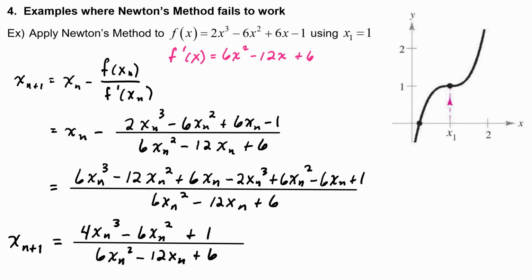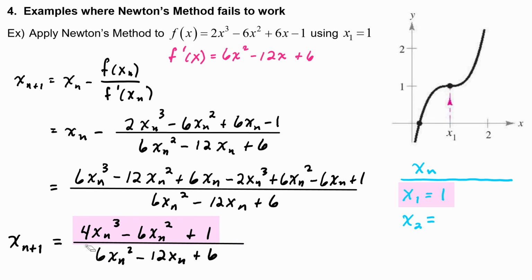So now we need to calculate successive iterations of xn's. So let's go over here. We are told to use that x1 is equal to 1. So then to get x2, we just have to take this x1 and plug it in here.